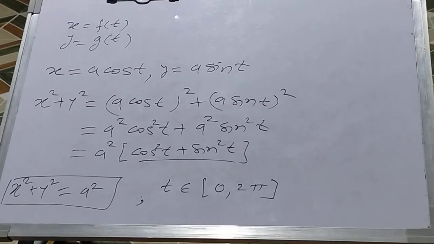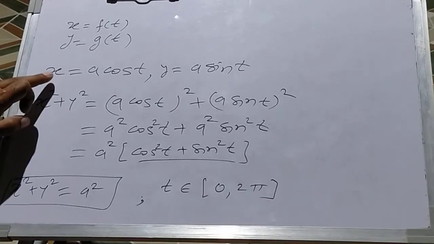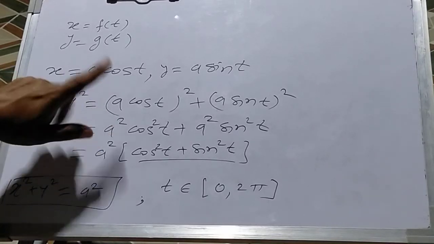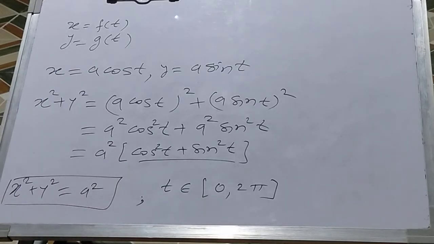If two variables x and y are defined separately as functions by an intermediating variable t, then that intermediating variable is known as parameter. So in this example, x equals a cos t and y equals a sin t. Here t is the parameter.